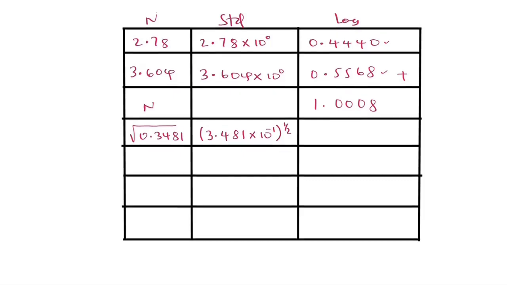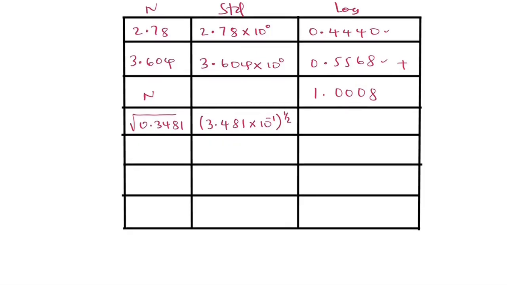Okay, so reading the value of 3.481 from the logarithm table, we get 0.5417. And from this 10 power negative 1, we are going to add 1.